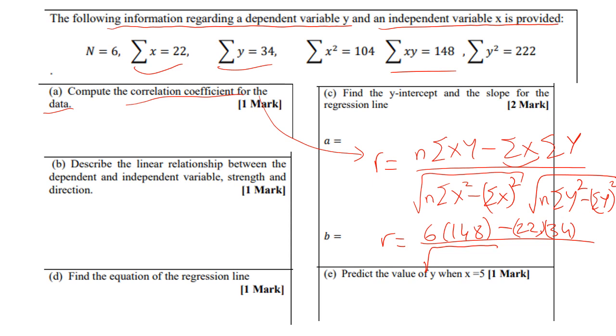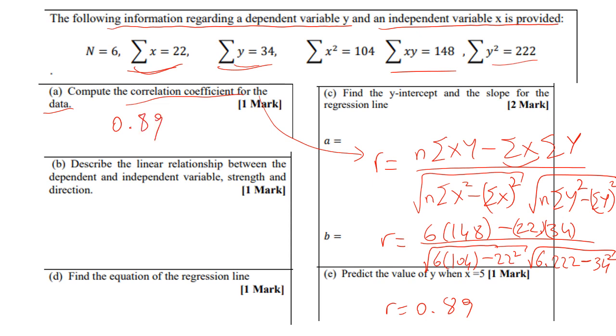This is 6 times x squared, 104, minus sum of x squared, 22 squared, square root, 6 times the sum of y squared, it's 222, minus the sum of y is 34 squared. And we will get 0.89. So this will be 0.89.